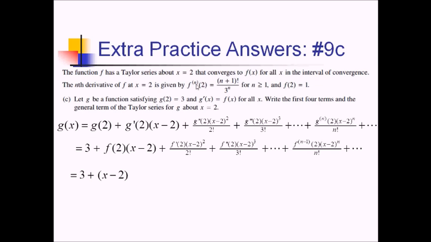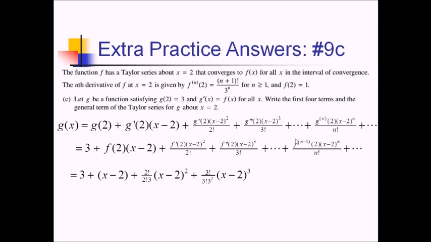So this is the first derivative now, so this is going to be 2 factorial over 3 to the first power. And we've got a 2 factorial downstairs as well. And then we've got an x minus 2 squared. Next, second derivative of f, that's going to be 3 factorial upstairs, 3 to the second, and 3 factorial downstairs.